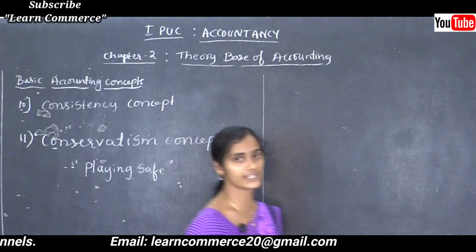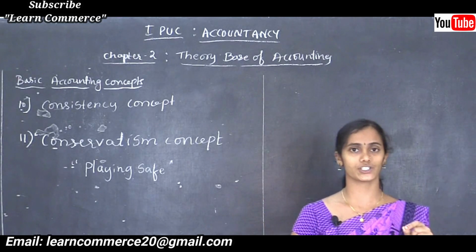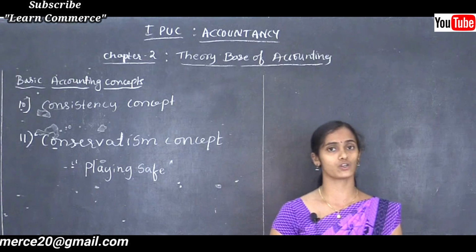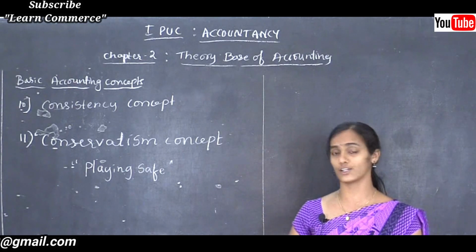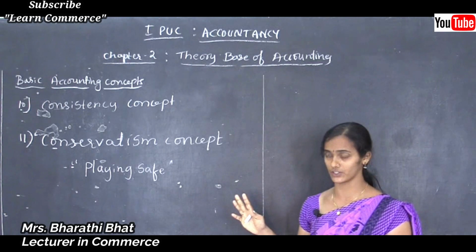What is the policy of playing safe? According to the revenue recognition concept, revenue should be included in the books of accounts when the revenue is earned, not when received. Correct, right? That is according to the revenue recognition concept.